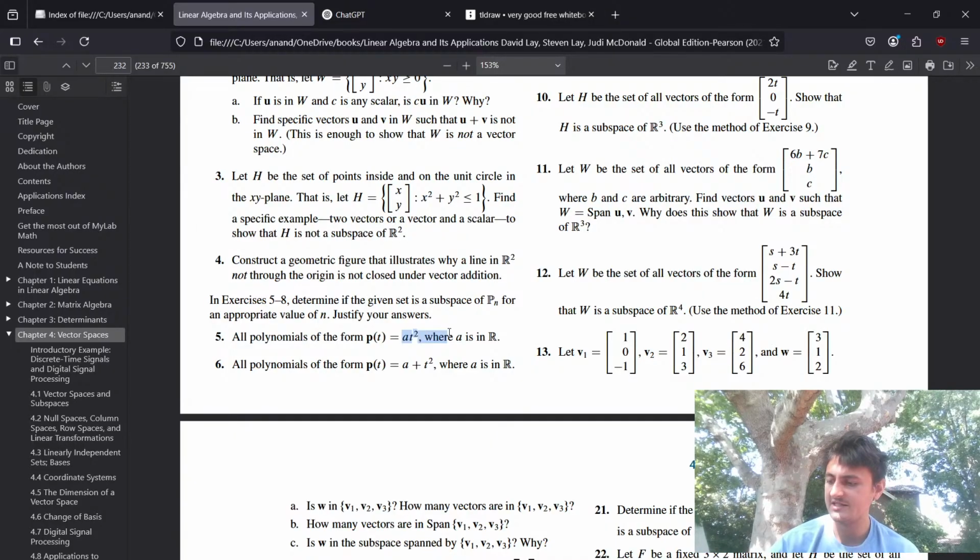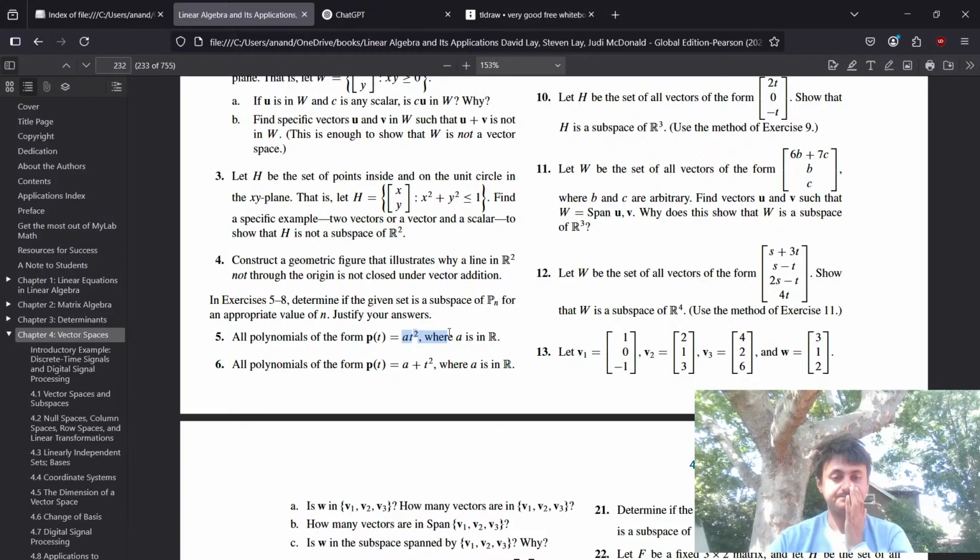I'm going to say yes. But first let's do it. So 0 in P of t, check. Then we take at squared plus bt squared is equal to (a plus b)t squared. So it's closed. And then finally, scalar multiplication. C times at squared, just take ca. Okay, so yes, it is.